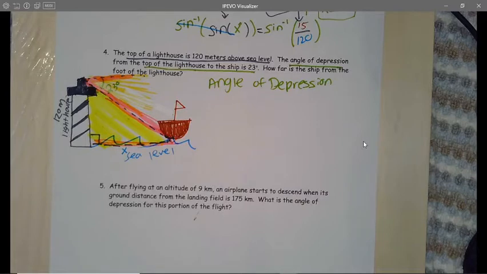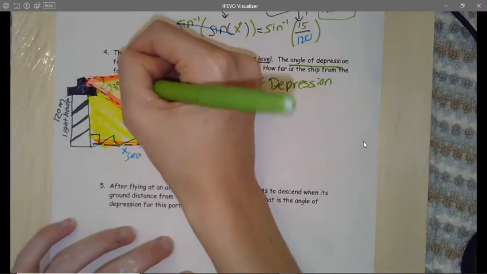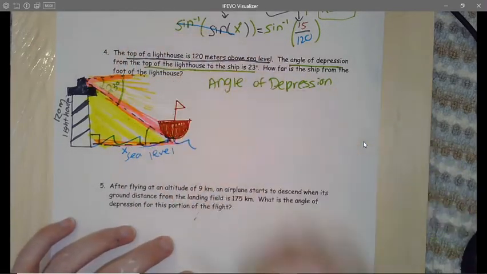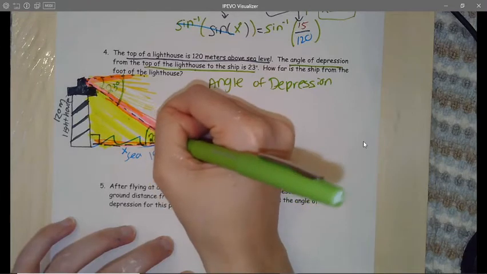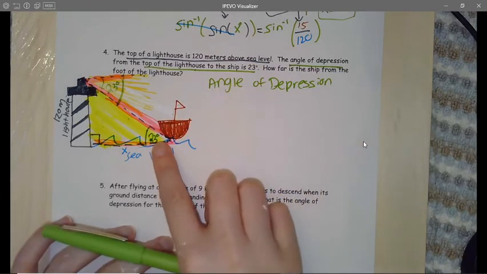Holy hot dog. Do you guys see the Z? What are the angles that make the Z shape? They are alternate interior angles. And how do alternate interior angles relate to each other? Well, they are congruent. So these two angles are congruent. So this is the angle I'm actually going to be working with to help me solve.